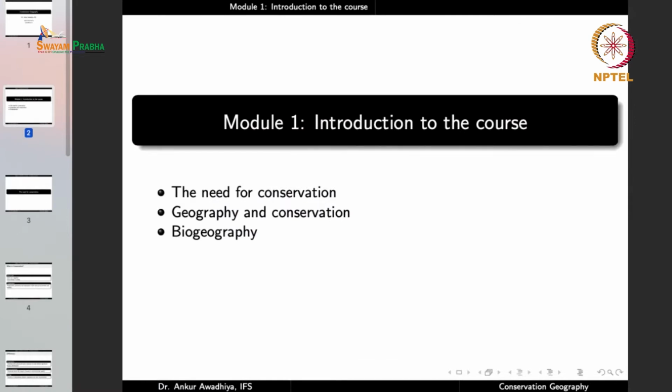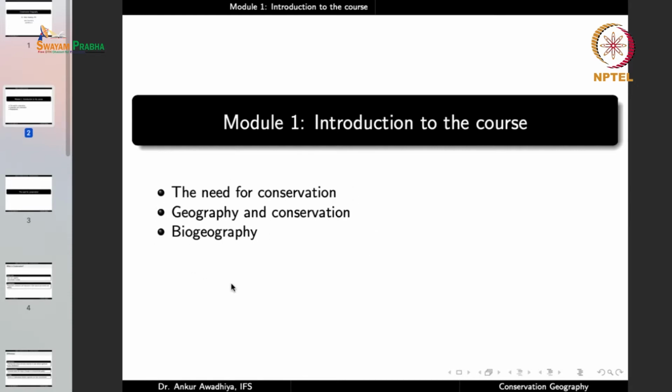The first module is Introduction to the course, and here we will have 3 lectures: the need for conservation, geography and conservation, and biogeography. So in the need for conservation, we'll try to understand why we need to perform conservation. In geography and conservation, we'll try to understand what this field of geography is and how it is related to conservation.